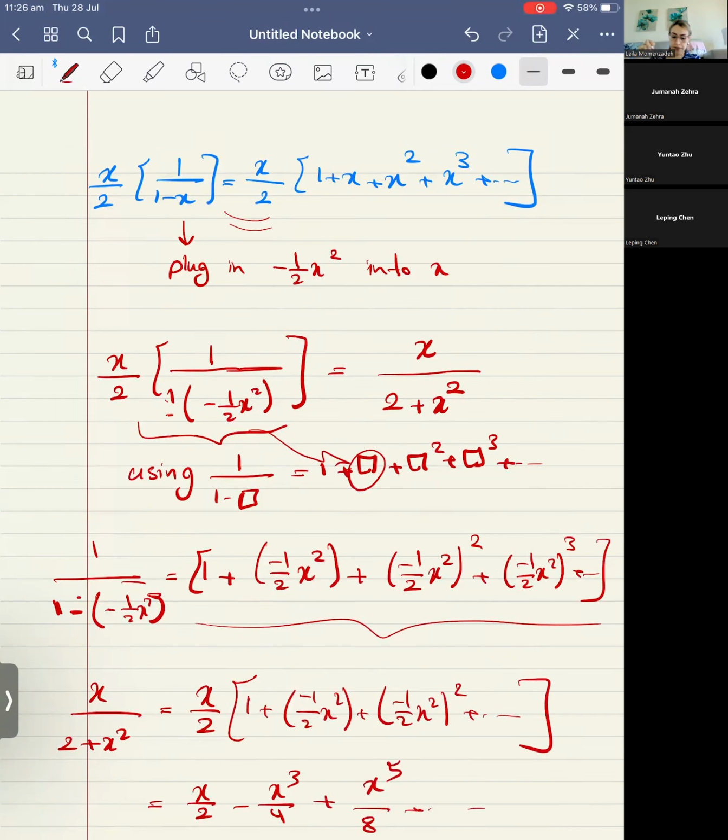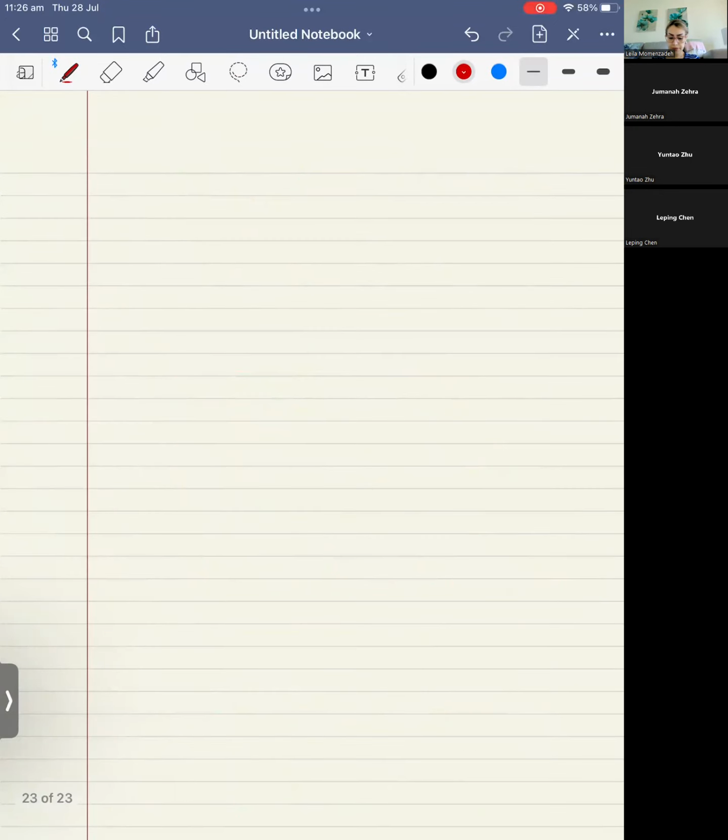It means if I write in summary, you know that 1 over 1 minus x is equal to 1 plus x plus x squared plus x cubed.